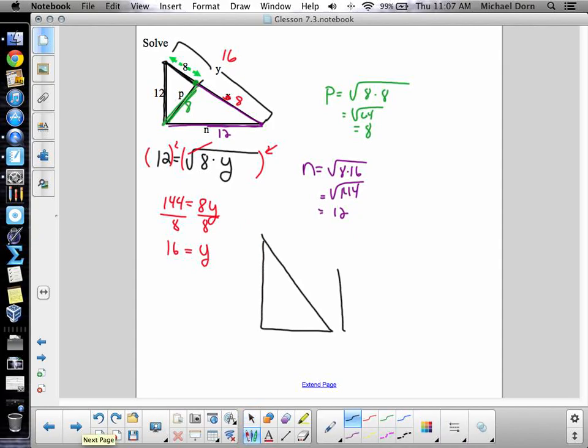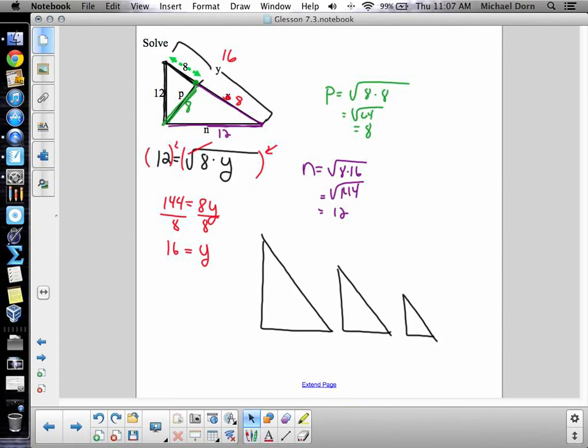Large triangle, middle triangle, small triangle. And if we go back to the original problem, okay, well, we can kind of see what's there. We start with the small triangle. The hypotenuse was 12, and the short leg was 8. I don't know the long leg.